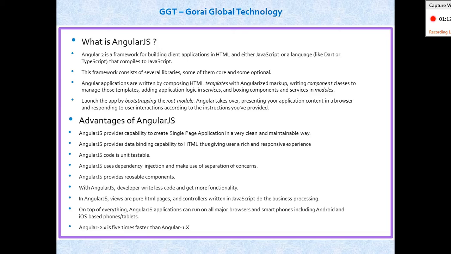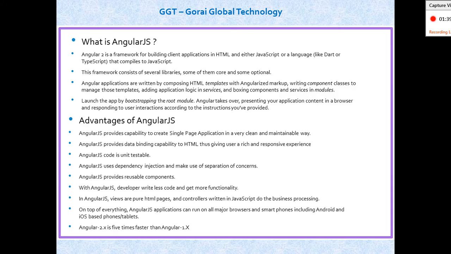Angular takes over presenting your application content in the browser and responding to your user interactions according to the instructions you have provided. Some of these terms might be difficult for you, but in the next sessions when we write more examples, you will be able to relate and understand all this. For now, just try to understand as much as possible.